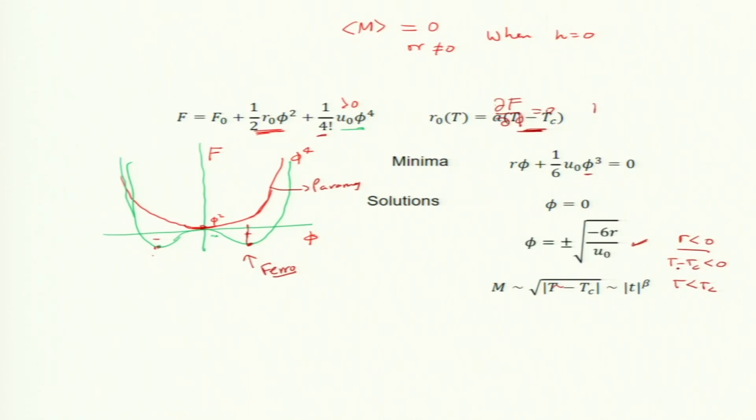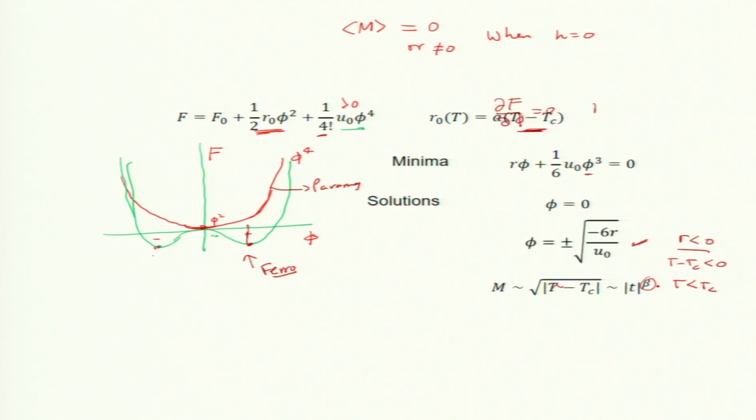So you see phi goes as, I think I have it here. So, phi is the magnetization, is a number. So, it goes as square root T minus Tc. I put a mod, the minus sign, so it will be Tc minus T. Well, I will take a mod of this, okay. And it is square root.